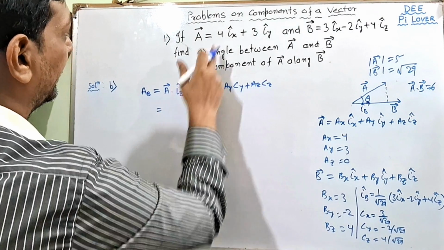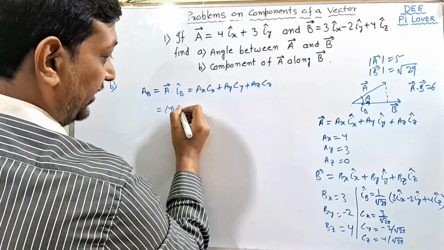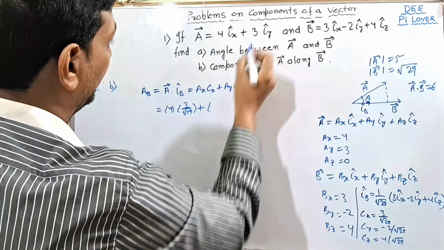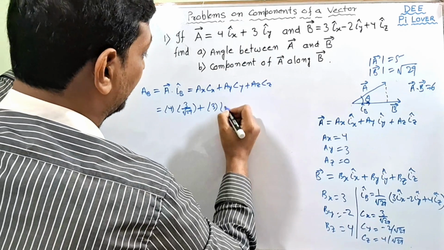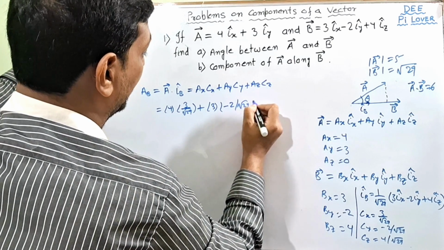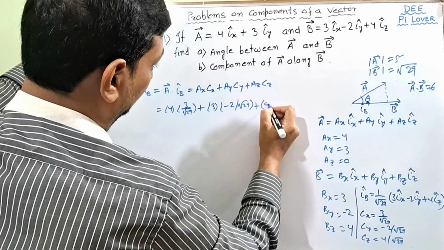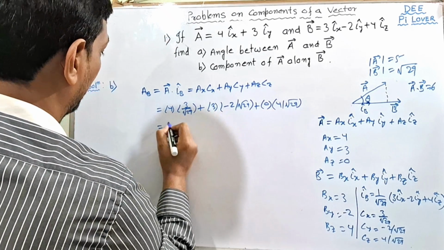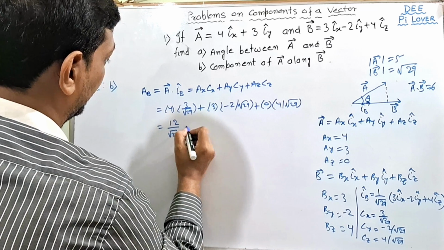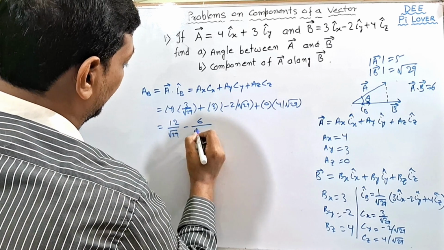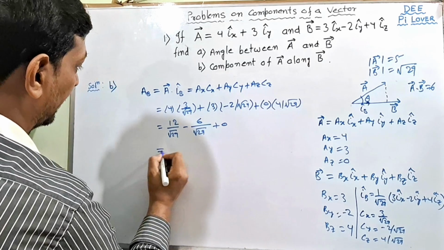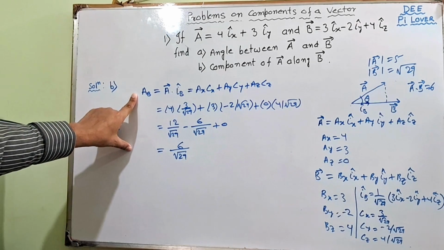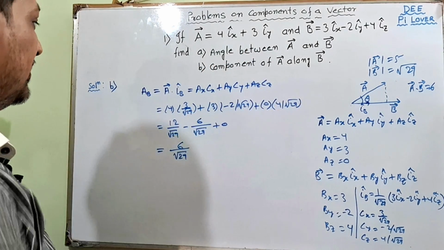Now calculate. AX is 4 into 3 by root 29, plus AY is 3, CY is minus 2 by root 29, plus AZ is 0 and CZ is 4 by root 29, equal to 12 by root 29 minus 6 by root 29 plus 0 equal to 6 by root 29. This is the scalar component of A vector along B vector.